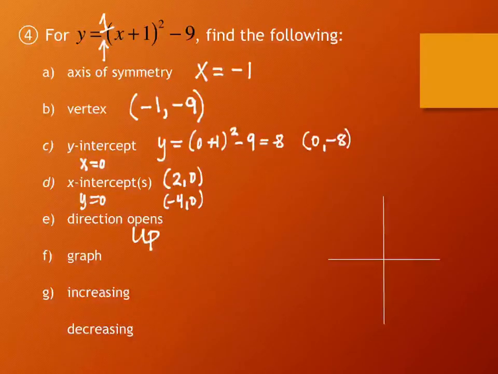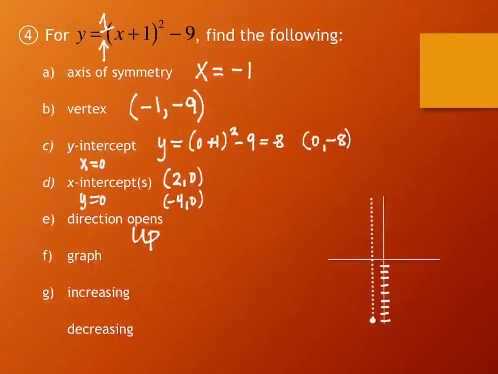Okay, so we're going to plot all the pieces that we have found so far, and we're just going to go in order. It says my axis of symmetry is x equals negative 1, so that would be over here. My vertex is at negative 1, negative 9, so that's pretty far down. That's about right.